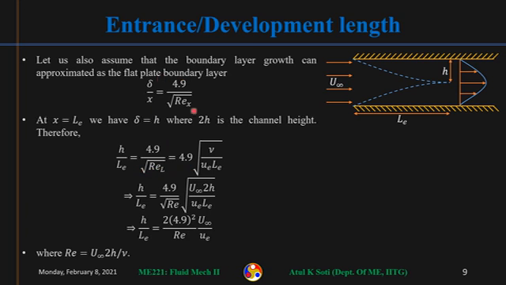For a flat plate case, Rex was u infinity x by nu, right? Instead of u infinity, we are going to use ue Le by nu, where ue is the velocity in the inviscid region at x equal to Le.